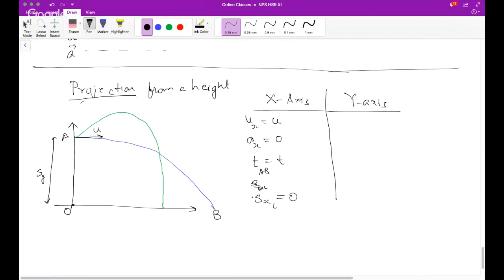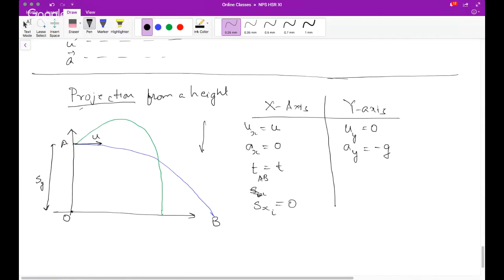Okay, and what else? Now V will depend on which point you want to calculate the V. Other given information here, Uy will be clearly 0 because there is no vertical component. Ay will be clearly minus G. Why? Because there is an acceleration due to gravity always.